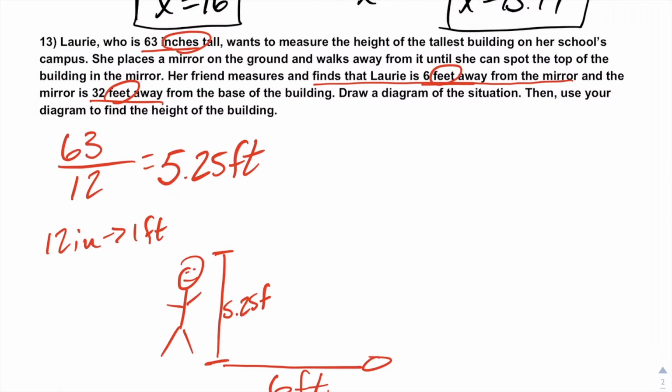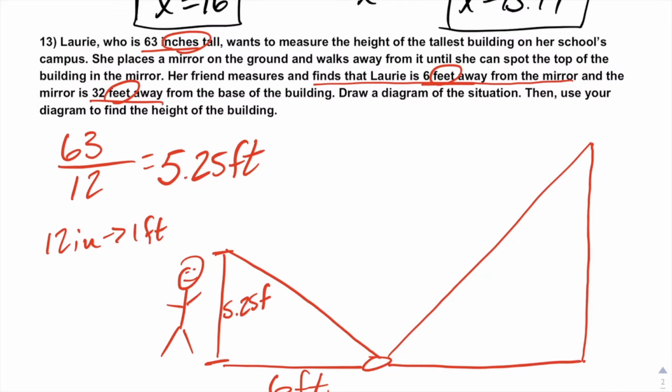But the building's over here, and she's 32 feet from the base of the building. So we want to find the height of the building. We want to find x.